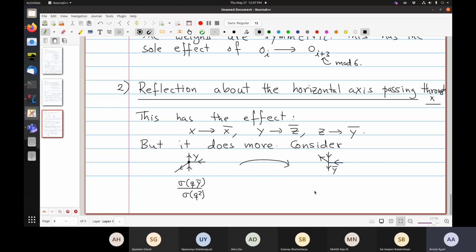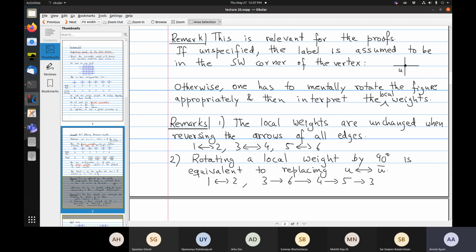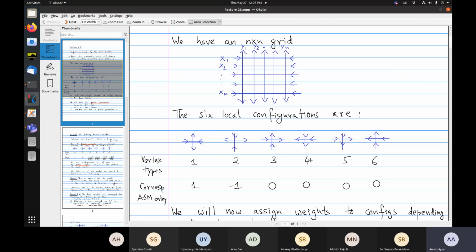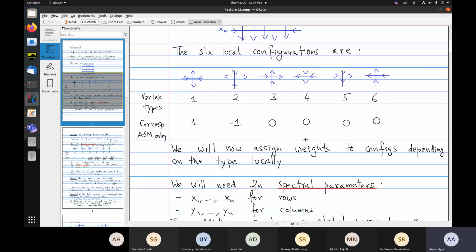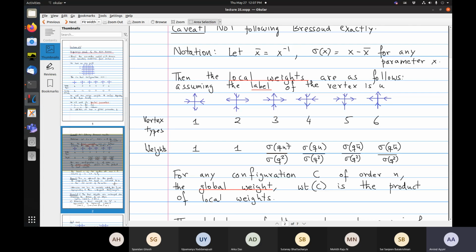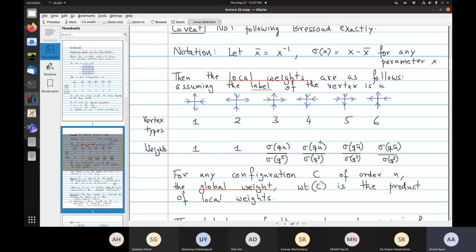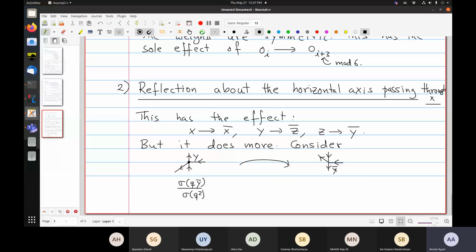Now you notice this is in the wrong position. Let's see what this is. Maybe it's more convenient to go here. Now this is going down and left. Down and left is sigma of q y bar, but this is in the wrong location.